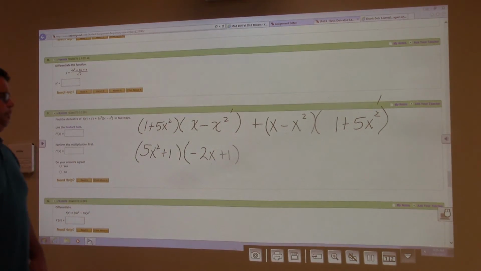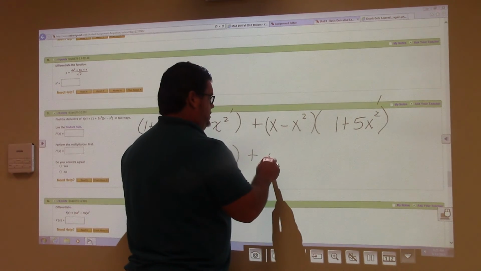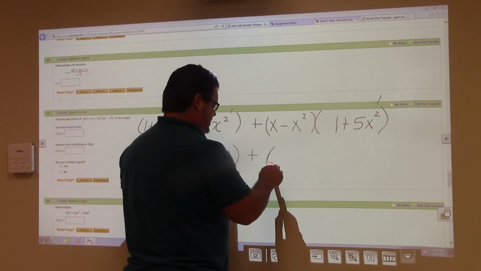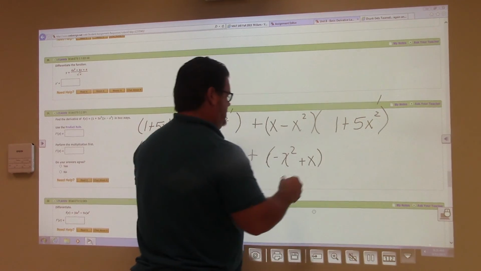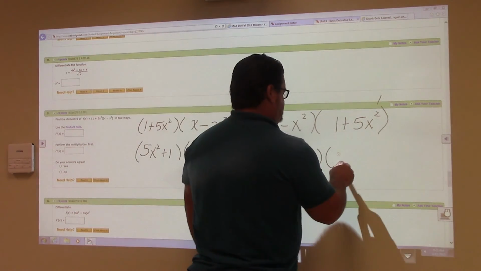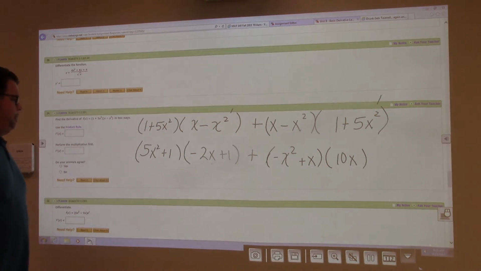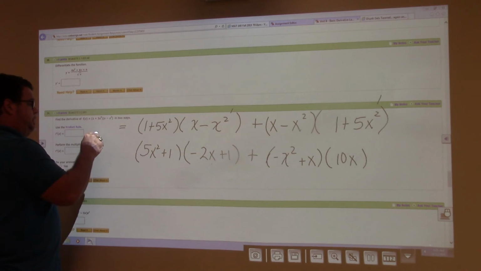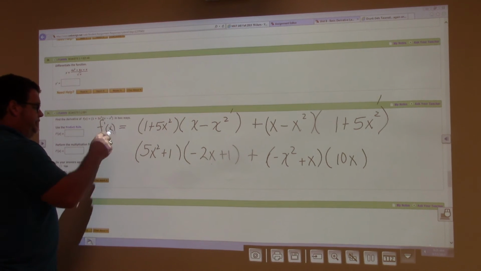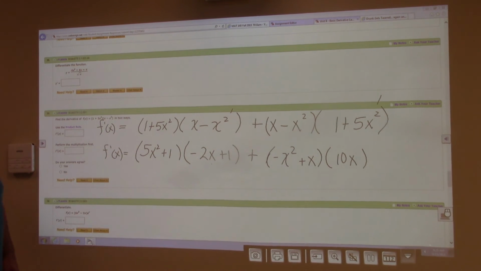Plus 1? Plus 2x, or plus minus x squared plus x. 10x. Y'all check me. And then, oh yeah, you got to write f prime of x and f prime of x. If you don't, some teachers have a fit.